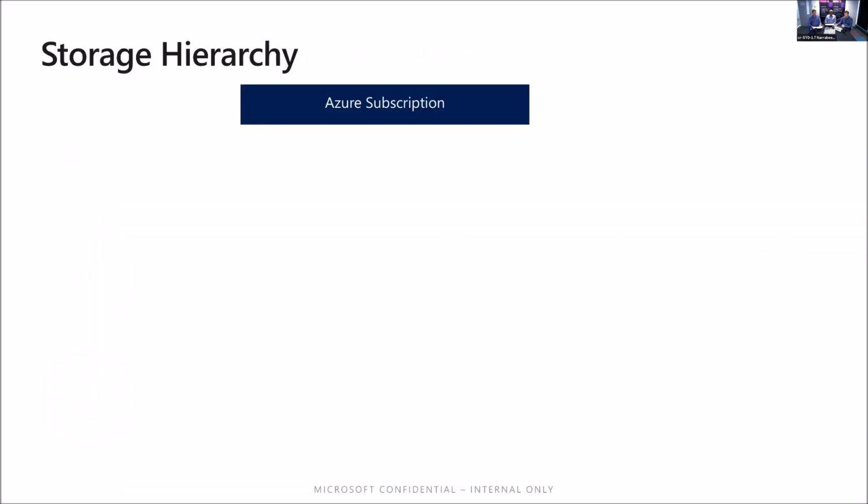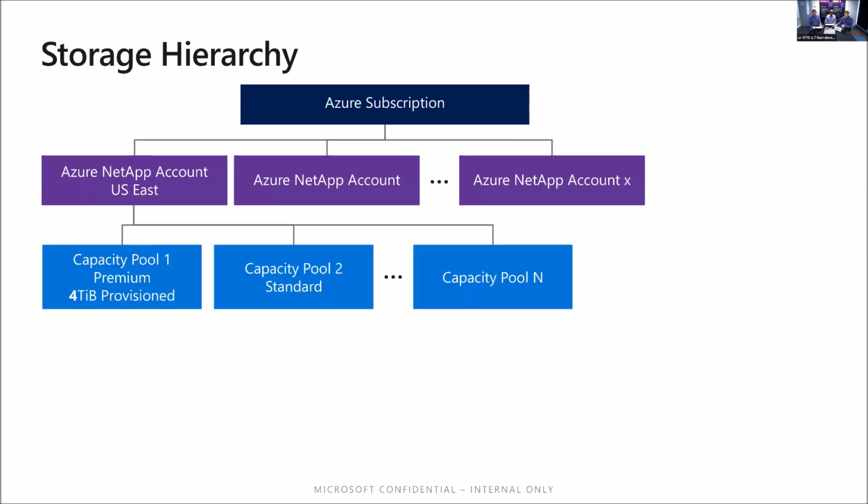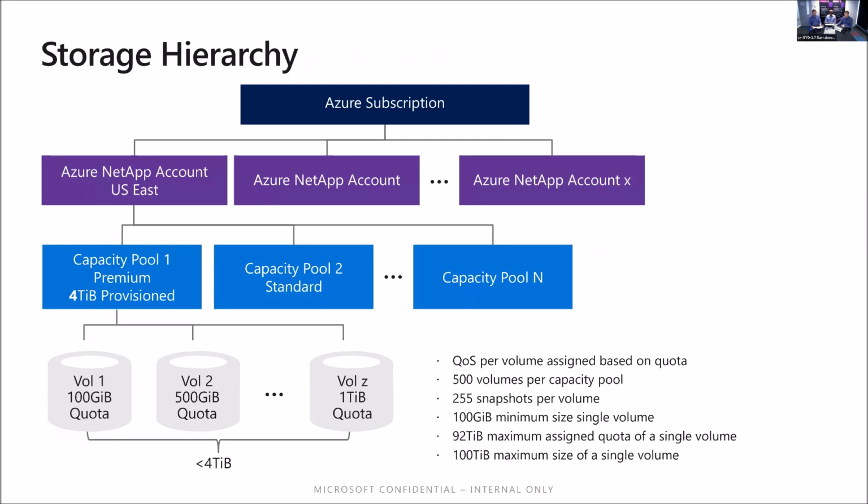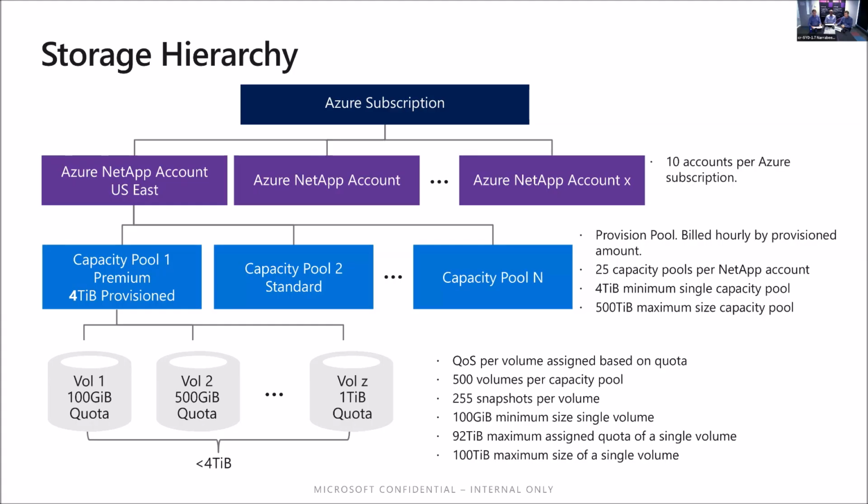Okay, keep going. So basically the storage hierarchy, just moving through the slides, just keep going there, Mark. So these slides, of course, will be shared, so don't worry too much about all of the details. But essentially the hierarchy works based on the subscription, and then we spin up the account, as Mark has already showed us on the demo. And then from there we spin up a capacity pool.